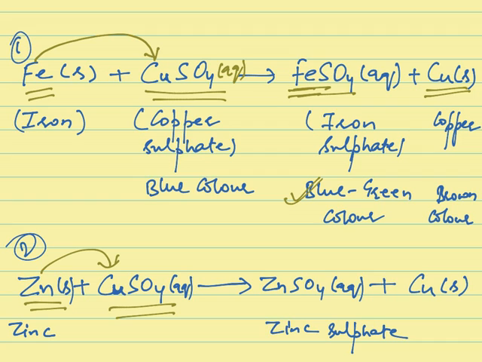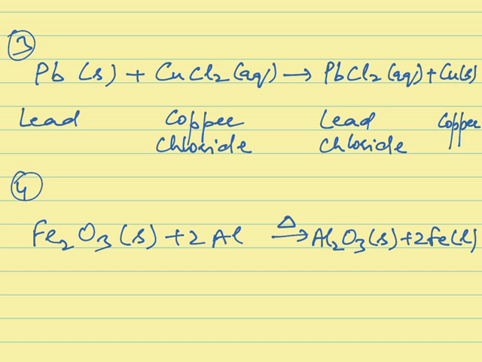So here it means zinc is more reactive than copper, and as a result we will be getting zinc sulfate solution and copper metal. Likewise, there are two more important reactions, and it is reaction of lead with copper chloride. Again, lead metal is more reactive than copper, so it will replace copper or displace copper, and we will get lead chloride and copper metal.